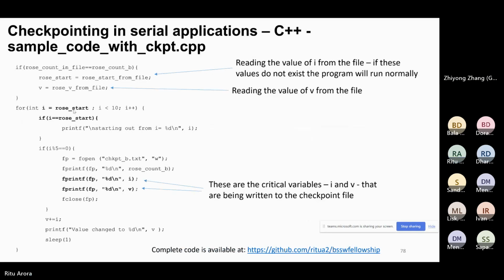In the repo, you will see a non-checkpointed version of the code and a checkpointed version of the code. In the non-checkpointed version, we do not have the mechanism like we have here: if i is equal to rows start, then do something, else do something else.